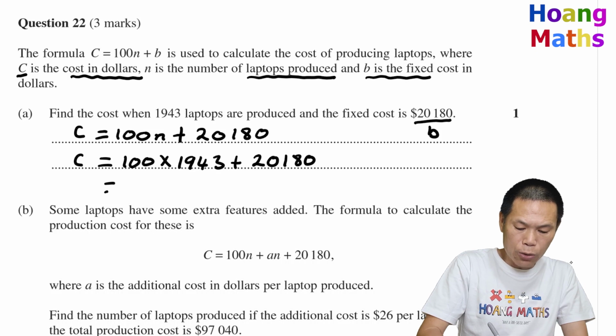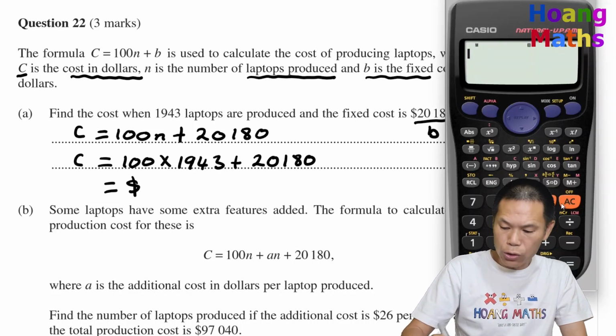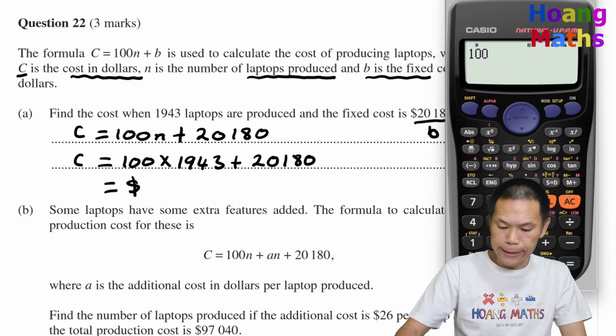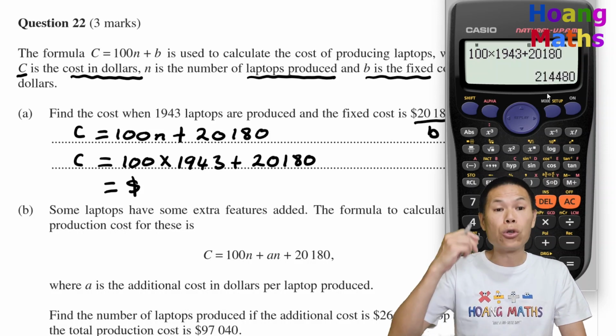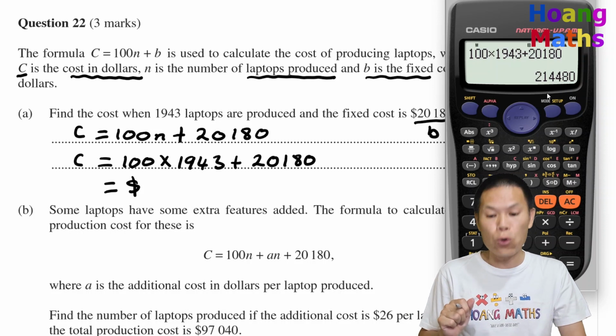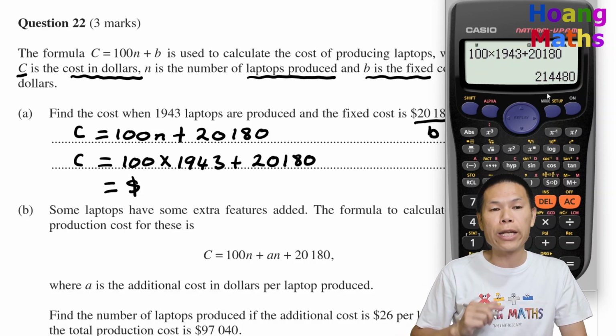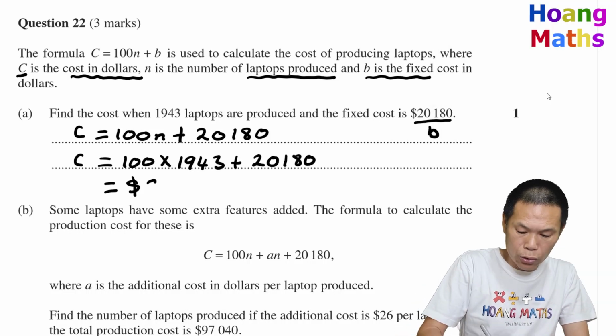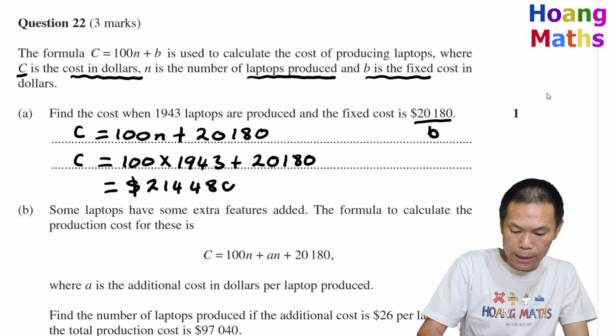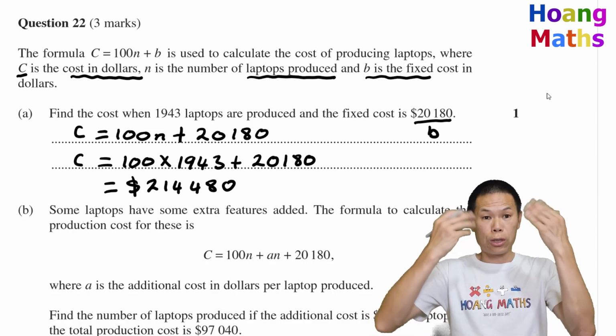So I just go 100 times 1943 and then we add 20,180. So there you go, $214,480.